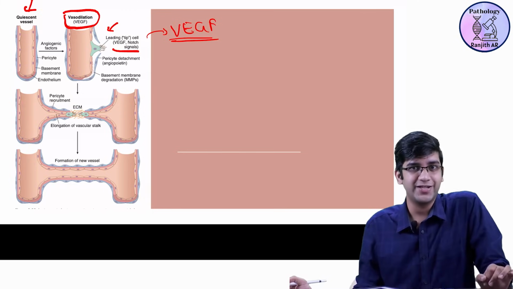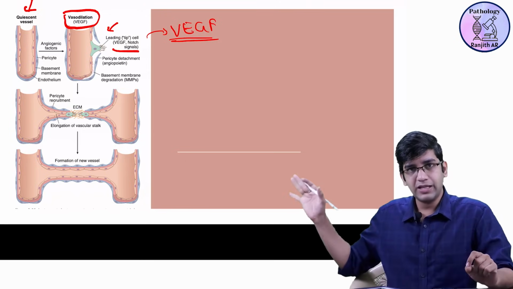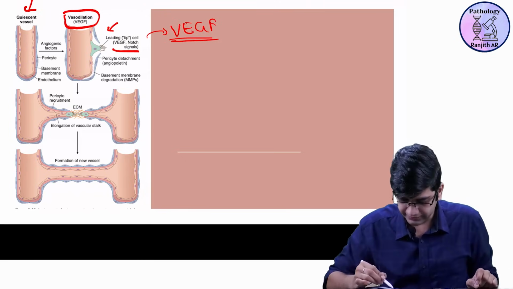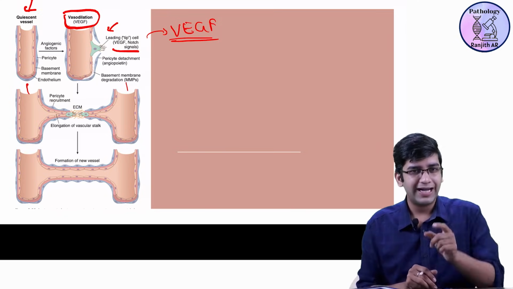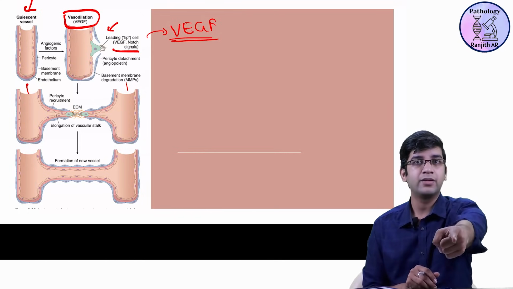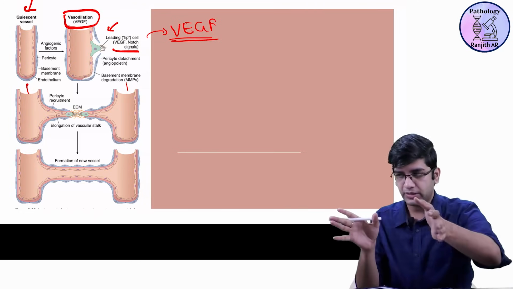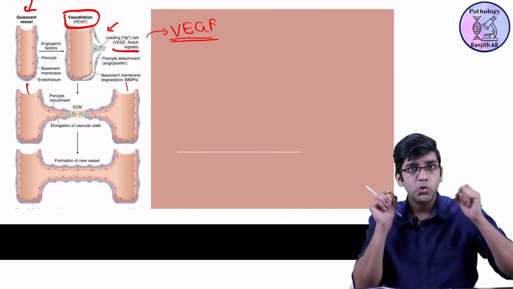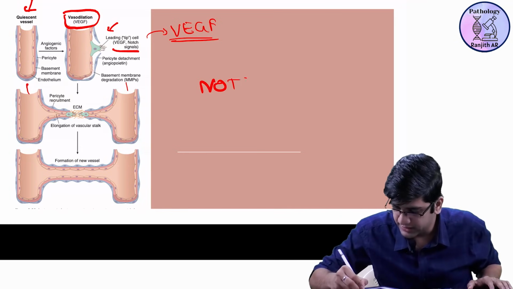The only thing I want to say here, maybe as an MCQ, is this: I have two vessels here. How will both vessels know that they have to go in this direction only so that they can meet each other? Why should I not go here? If I go here and the other comes there, I cannot bind, right? Who tells me to go in the exact way is Notch. This is important.